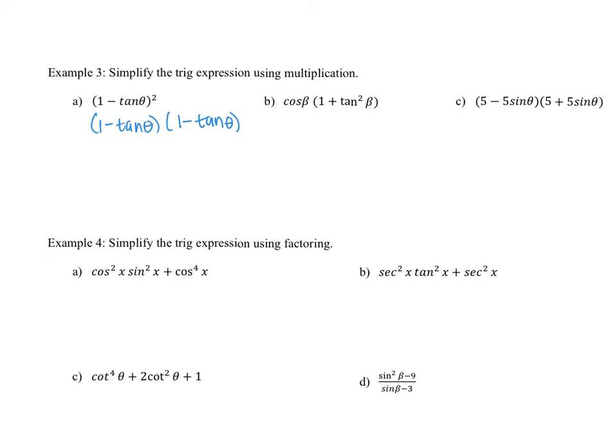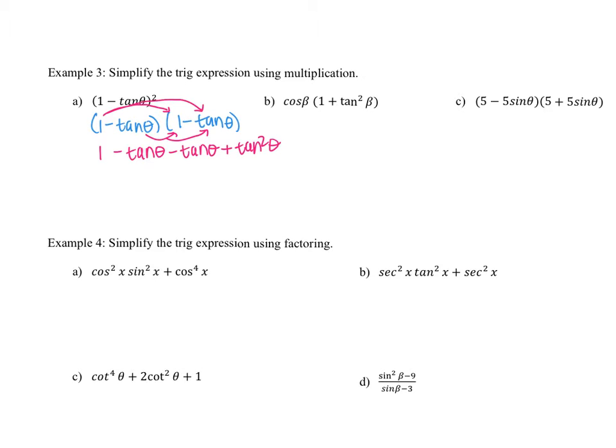So if I were to FOIL, I need to multiply the 1 over to the first one, which is 1. 1 times negative tangent is negative 1 tangent, or negative tangent. Then if I take the negative tangent and multiply, that's negative tangent as well. And negative tangent times negative tangent is positive tangent squared. Basically, two negatives multiply to make a positive. Tangent times tangent is tangent squared.